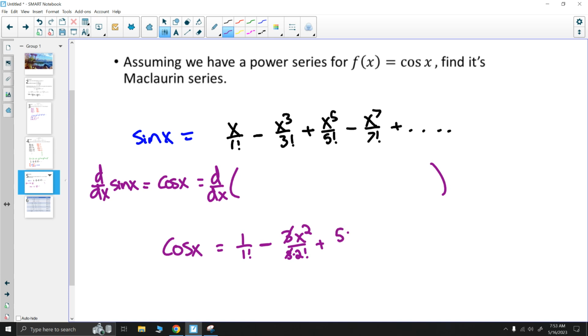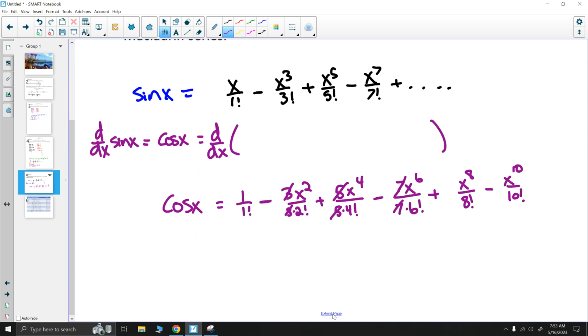Plus 5x to the 4th over 5 factorial, but we're going to use the same logic, so that is 5 times 4 factorial, minus 7x to the 6th over 7 times 6 factorial, so the 7's cancel. The next one will clearly be x to the 8th over 8 factorial, minus x to the 10th over 10 factorial. So we can see this pattern emerging.